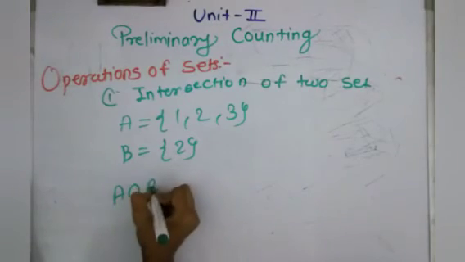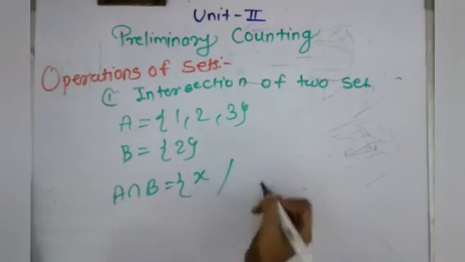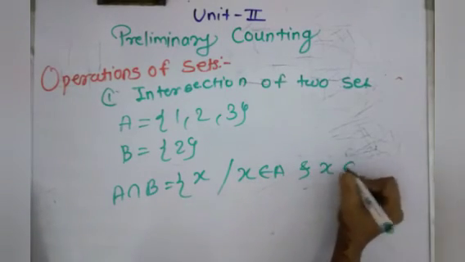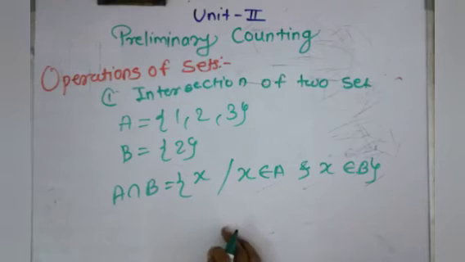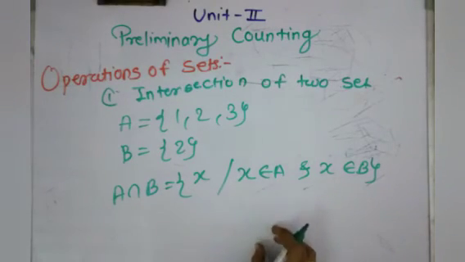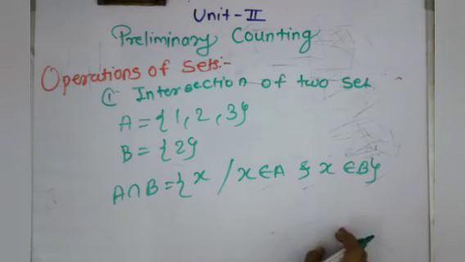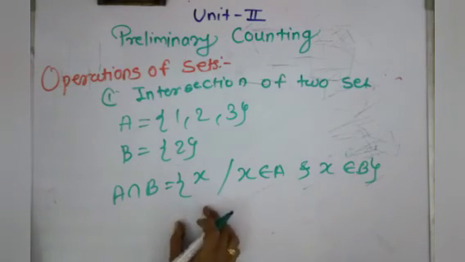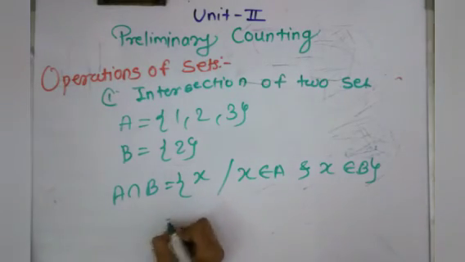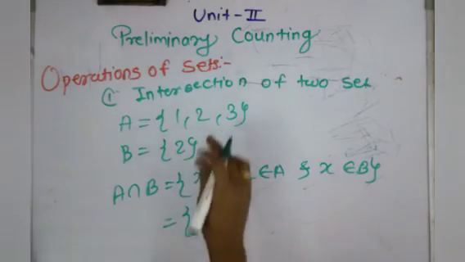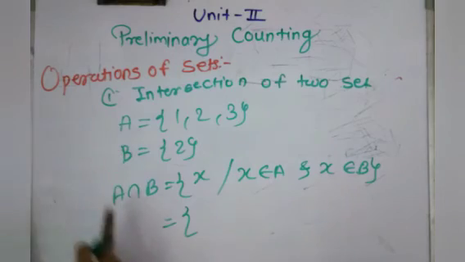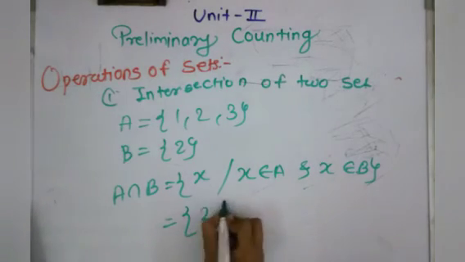So A intersection B equals the set of X such that X belongs to A and X belongs to B. Means the element X is in A and it is also in B. Those elements are in the intersection of A and B. So now there is only one element that is in A and also in set B, which is 2.